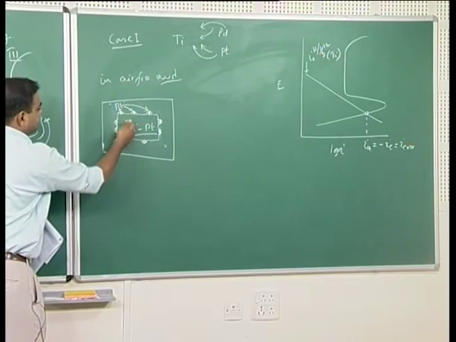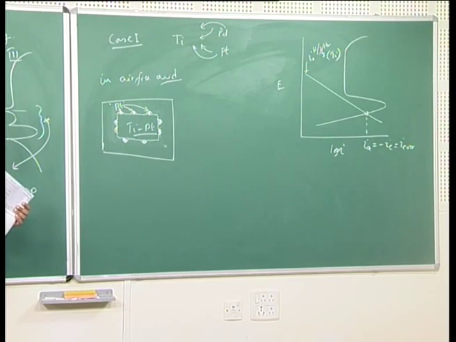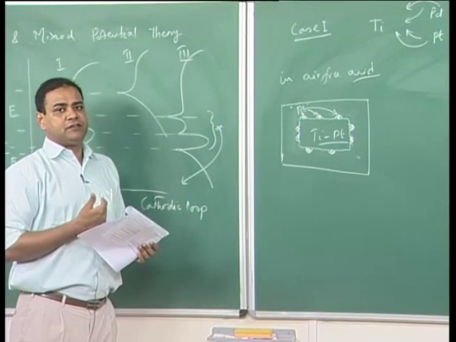Now, once you have this situation where after some dissolution you have redeposition of platinum on the titanium surface, you will have the effect of higher exchange current density of hydrogen on platinum surface.